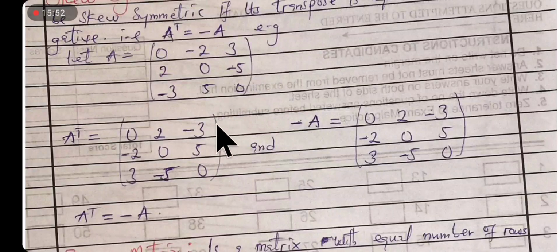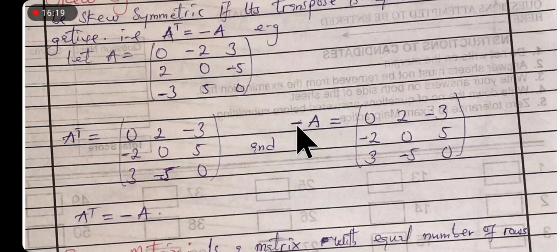Third row becomes the third column. All right, by the time you find this, if you take this original matrix and multiply each of the elements by minus, and the answer you get is the same as this transpose, then this matrix A is called a skew symmetric matrix.